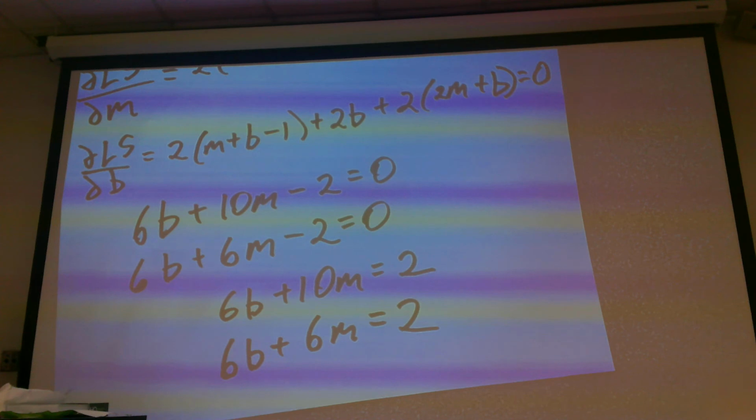Now let's write this down as an augmented matrix and solve for what m and b are. Granted, we've already done it for the other method, but let's do it for this method as well. So we have 6, 10, 6, another 6, augmented with a 2 and a 2.